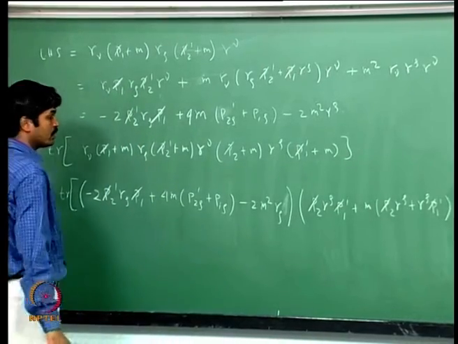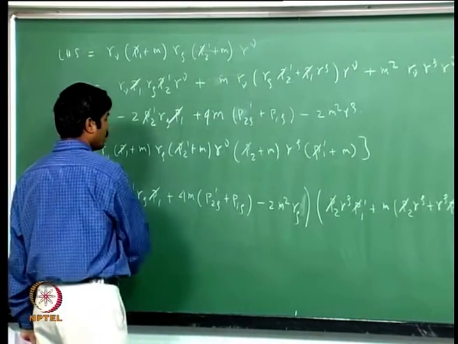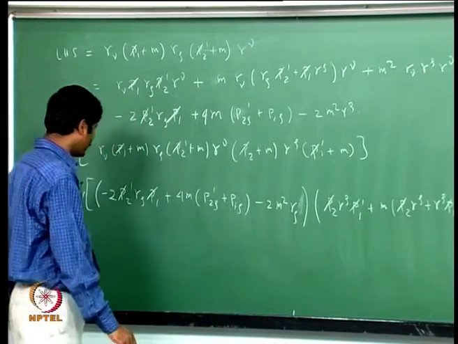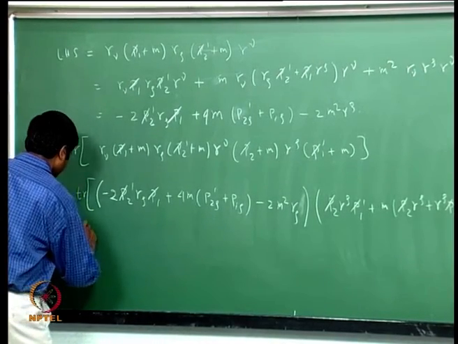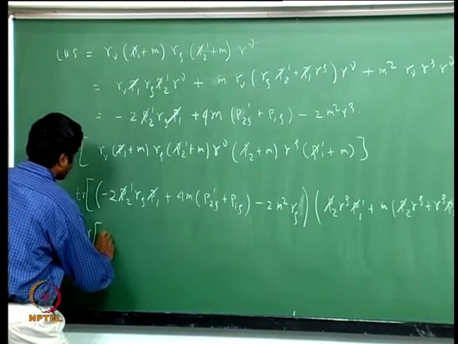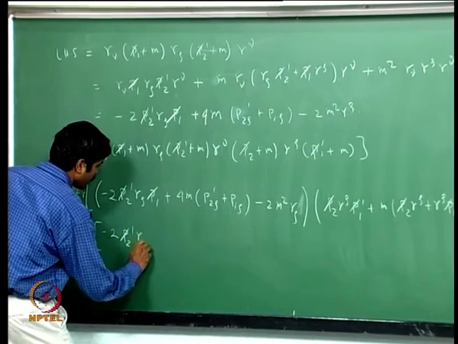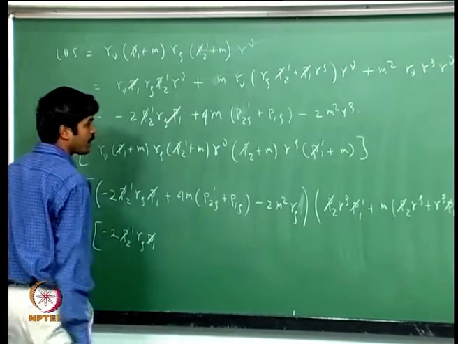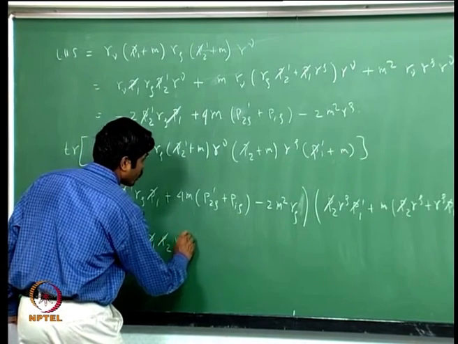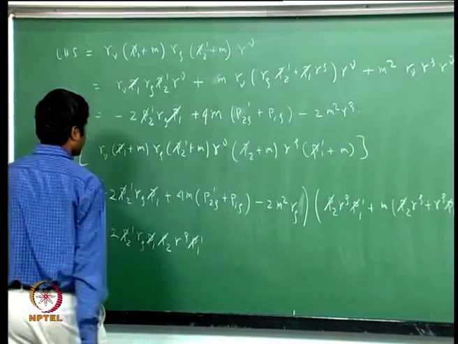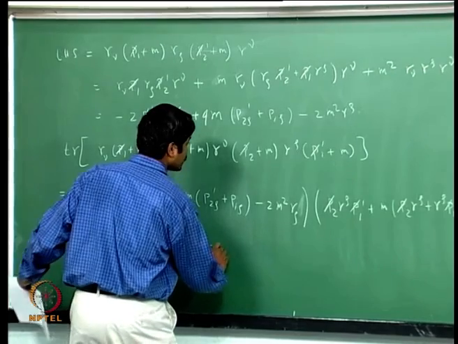So, we will do that, and whenever we have an odd number of gamma matrices, we will leave that out. So, what I get here is the trace of minus 2 p2 prime slash gamma rho p1 slash p2 slash gamma rho p1 prime slash, then minus.